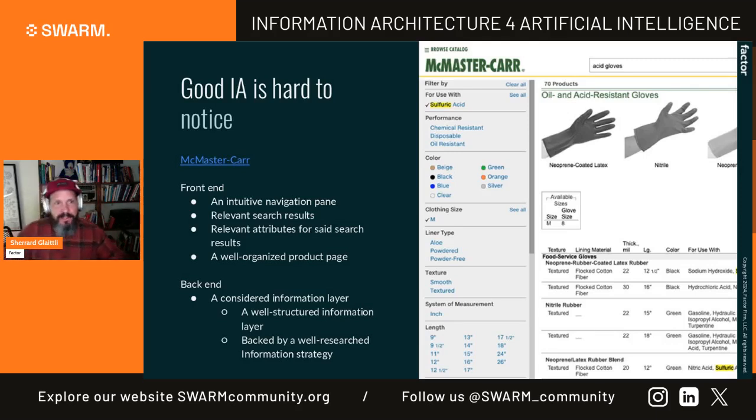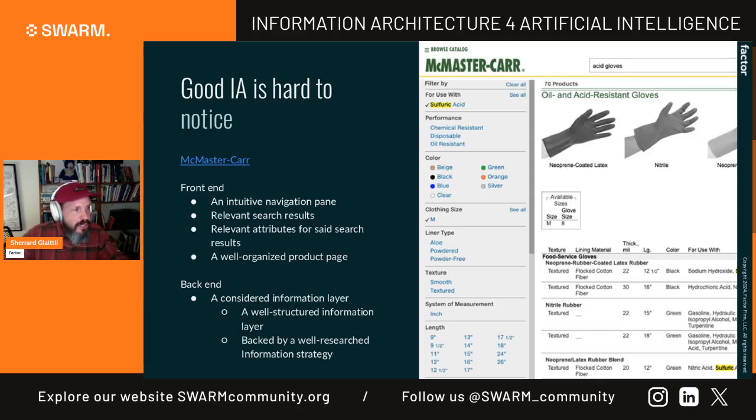And the reason I like to go to these sites is because you get a sense of what an information architecture project looks like when there is alignment from start to finish. And I'll talk a little bit about what that alignment means.